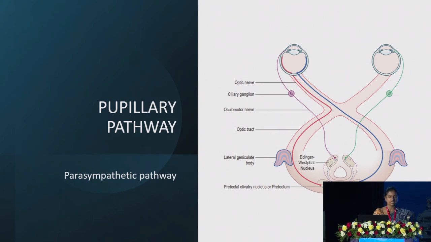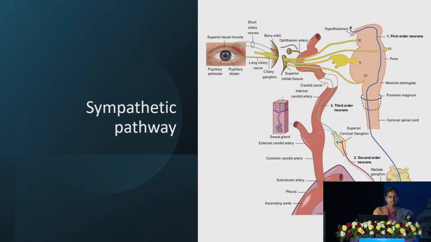the short ciliary nerves. The sympathetic pathway again has three order neurons. The first arises from the hypothalamus, goes along the brainstem and synapses in the cervicothoracic area from C7 to T2.